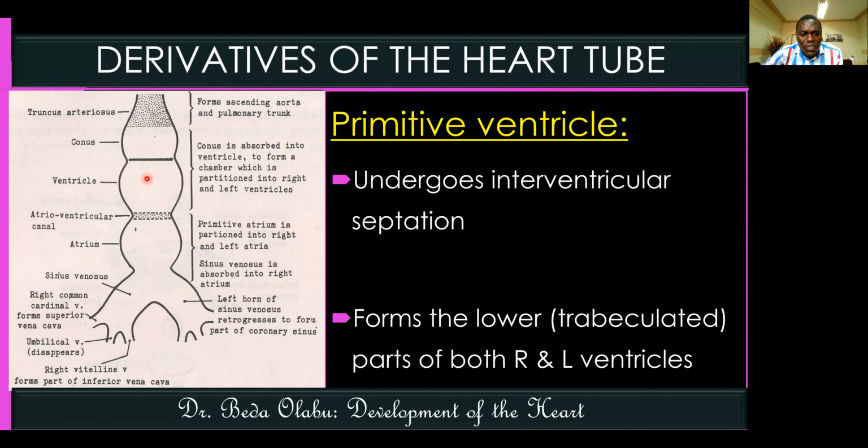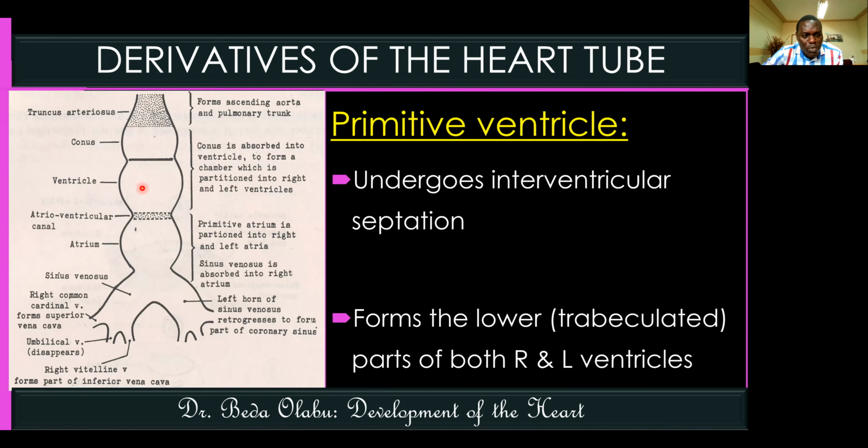This is the primitive ventricle. This is the bulbus cordis, which has two components, the conus arteriosus and the truncus arteriosus. So the conus, together with the primitive ventricle, are the ones which participate in formation of the right and the left ventricles.